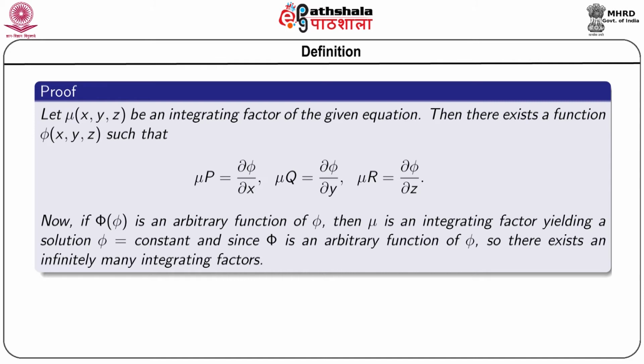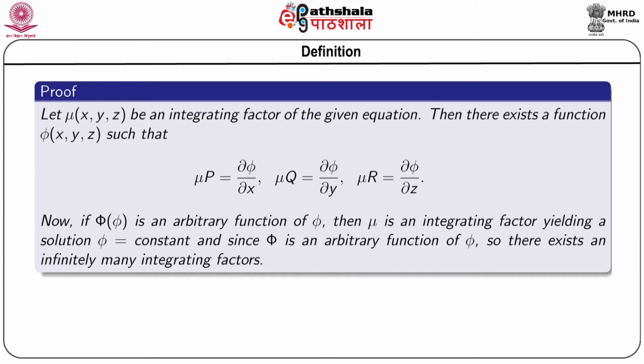And if we compare this equation with the given equation, we will get a relation between P, Q, R and the function phi, and this is the relation among them: mu P = ∂phi/∂x, mu Q = ∂phi/∂y, and mu R = ∂phi/∂z.